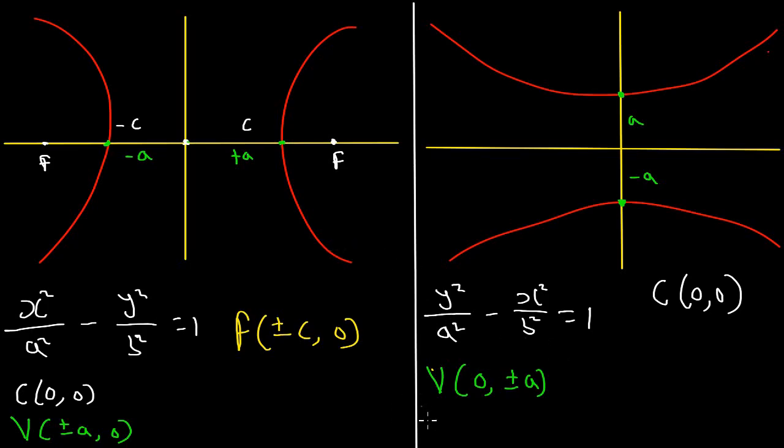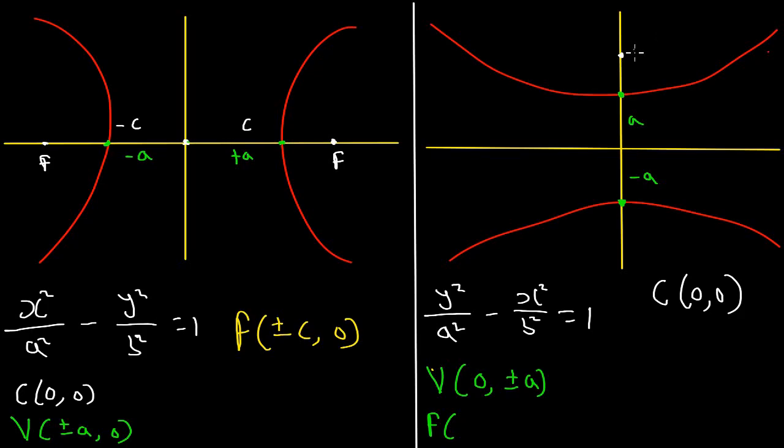Now, for the foci, remember we said that is in relation to the value of c. The focus will always be towards the direction along which the arc of the hyperbola opens.